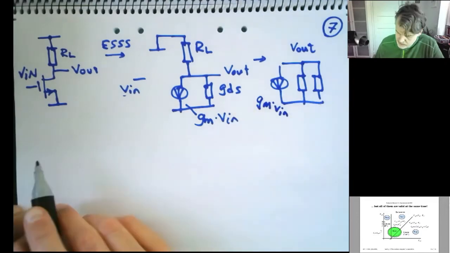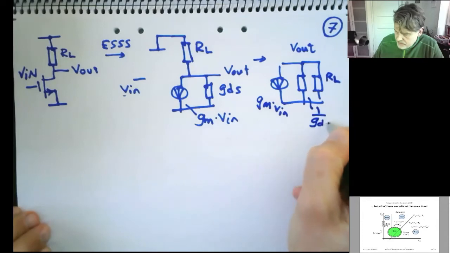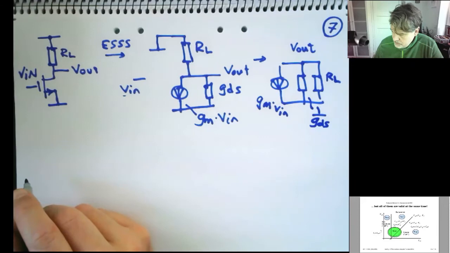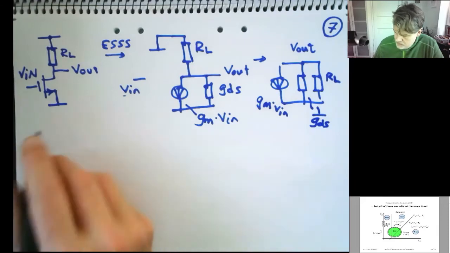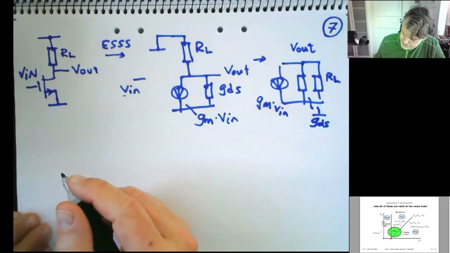And let's just do the calculations. So this is RL, and that's 1 over GDS then if we talk about resistors. And sorry, impedance, conductance versus resistance.